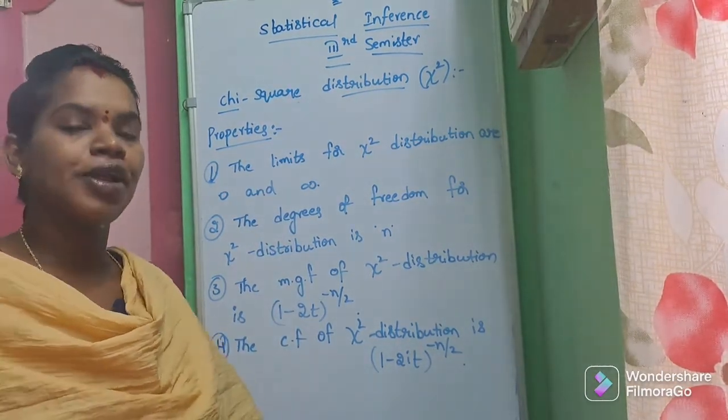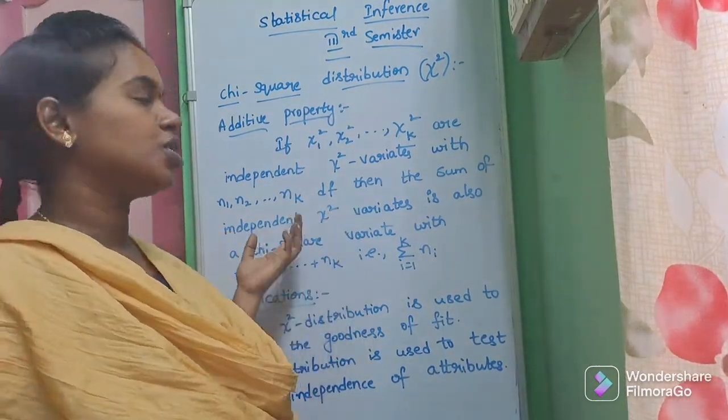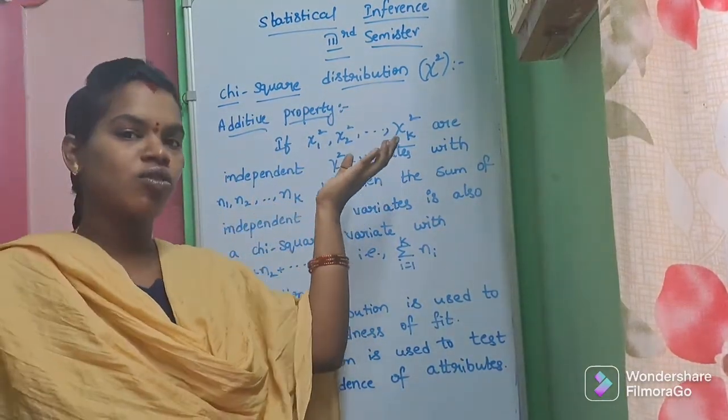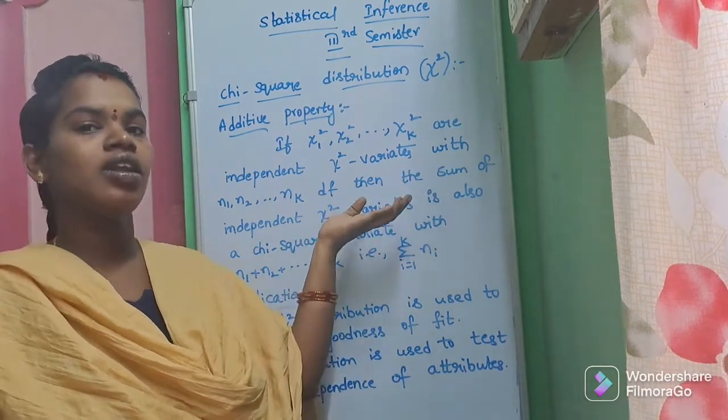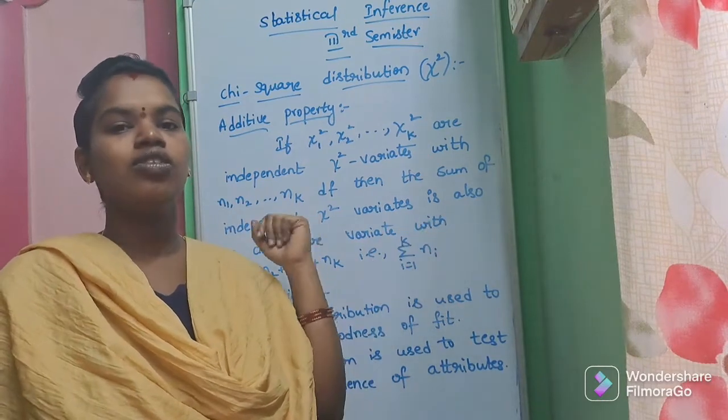Next we have to learn the additive property of the chi-square distribution. Let chi1 square, chi2 square and so on chi-k square be independent chi-square variates with n1, n2 and so on nk degrees of freedom.